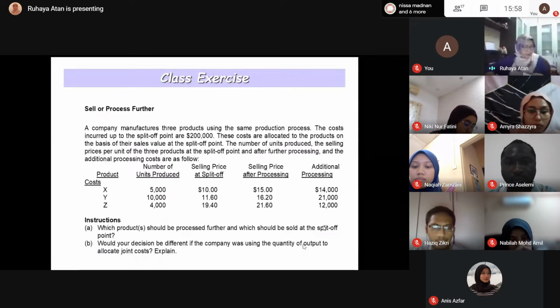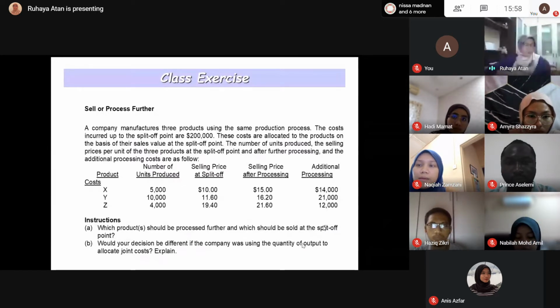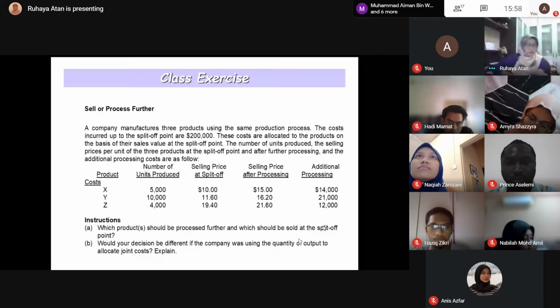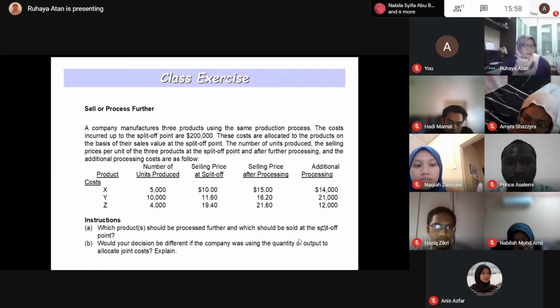So you need to prepare the columns. You need to calculate what is the net income if you were to sell them or if you were to process further.